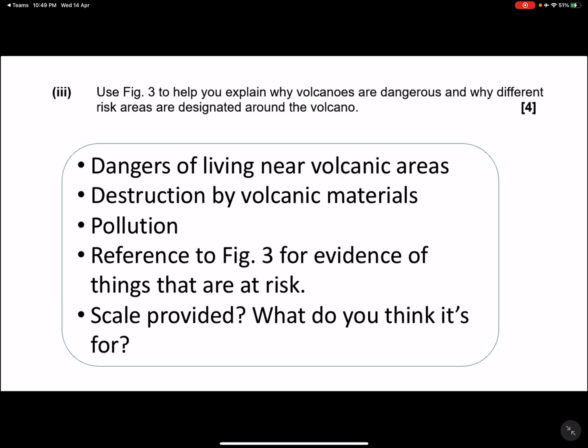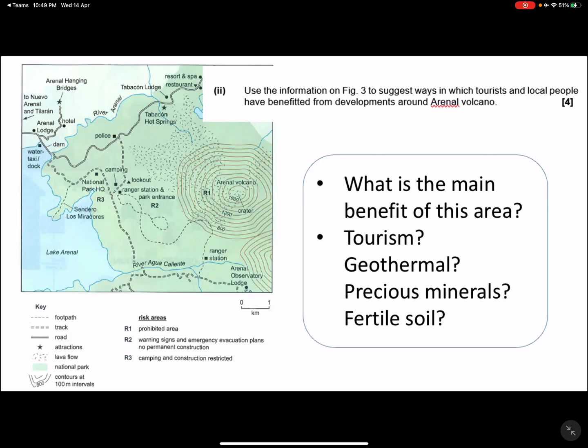Okay, you need to go back to figure 3 for evidence of things that are at risk. How do you know these things are at risk? Take a look at where the old volcanic lava flow was. Okay, that gives you an idea of the direction of the previous eruption, the spread of the lava. So similarly, the previous eruption may have spread in a northwestern direction. There's nothing stopping it from spreading directly to the west, same intensity, same distance.